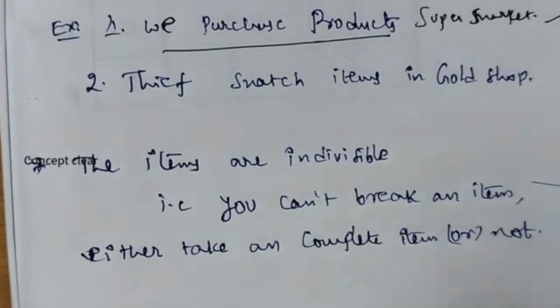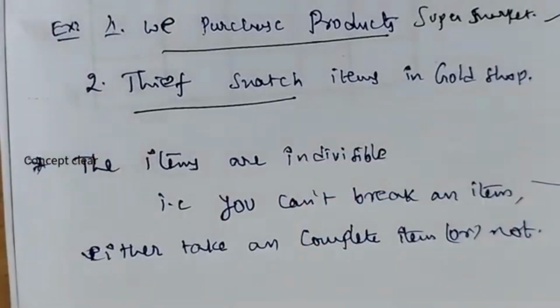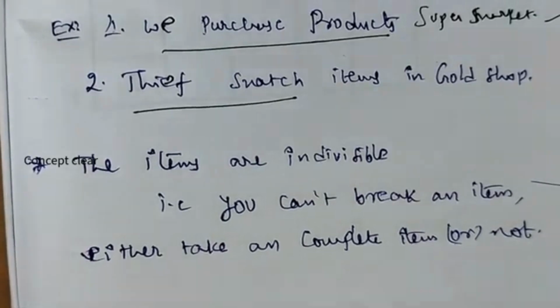If you see one more example, a thief snatching gold items in a gold shop. A thief enters a gold shop. What does he have to snatch first? He has to snatch the items which contain more value and less weight. Then only he will get more profit.